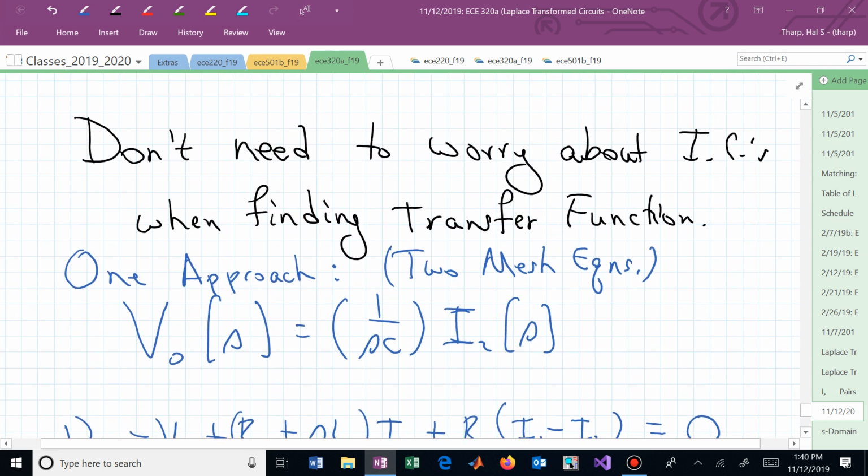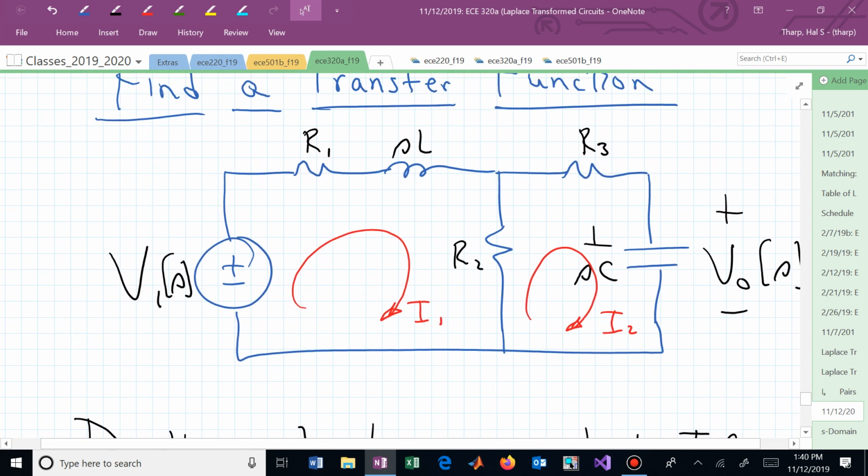If I wanted to just ask now, how many poles am I going to have in this transfer function between V1 and V sub 0? Can you tell me, or do you have a way of finding that? How many poles do I have? Or is that even a reasonable question to be asking?